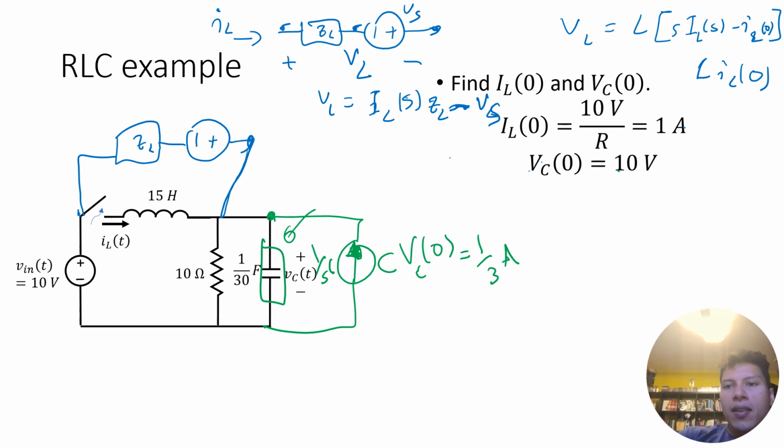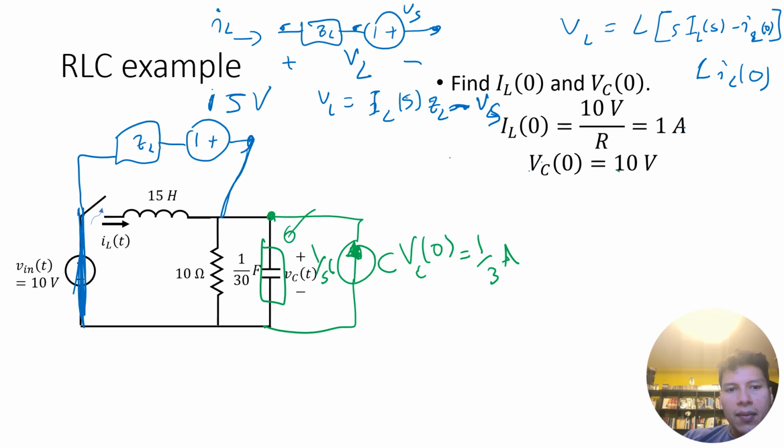And then you have here L, IL of 0. So now we can just multiply that by L, and so we're going to have 15 volts. Okay, since this source has been disconnected, I'm just going to treat it as ground to make things look simpler.